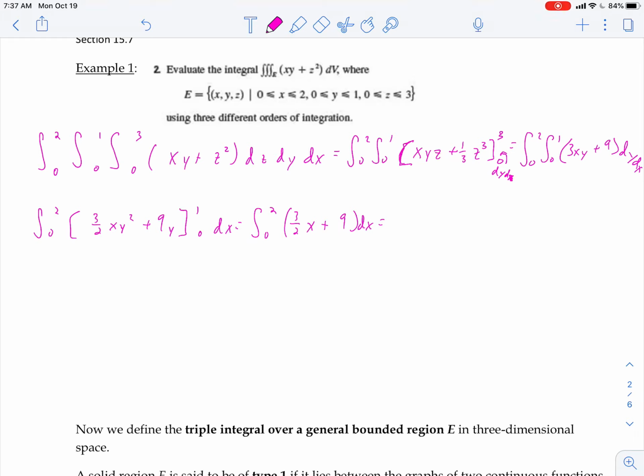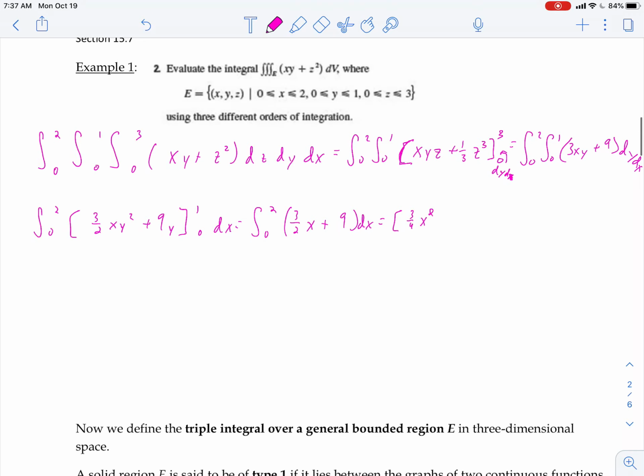So it's just going to be 3/4 x squared plus 9x from 0 to 2. And we'll square that, so it looks like 3 plus 18, which is going to be 21.